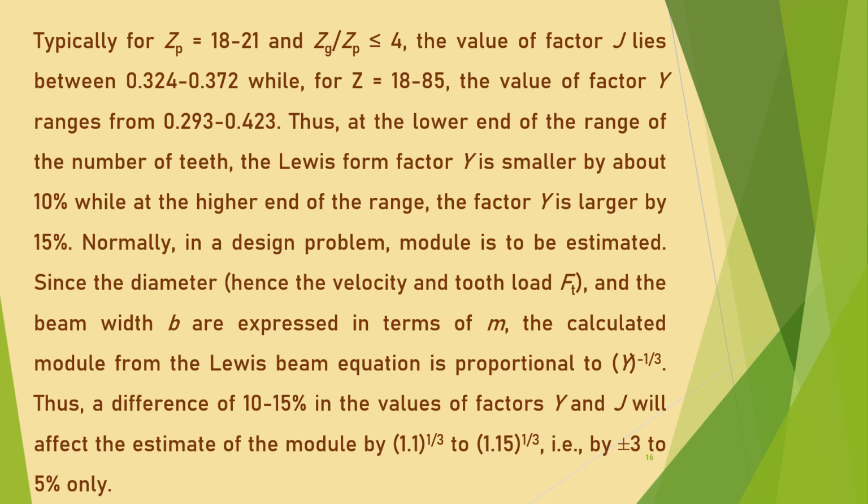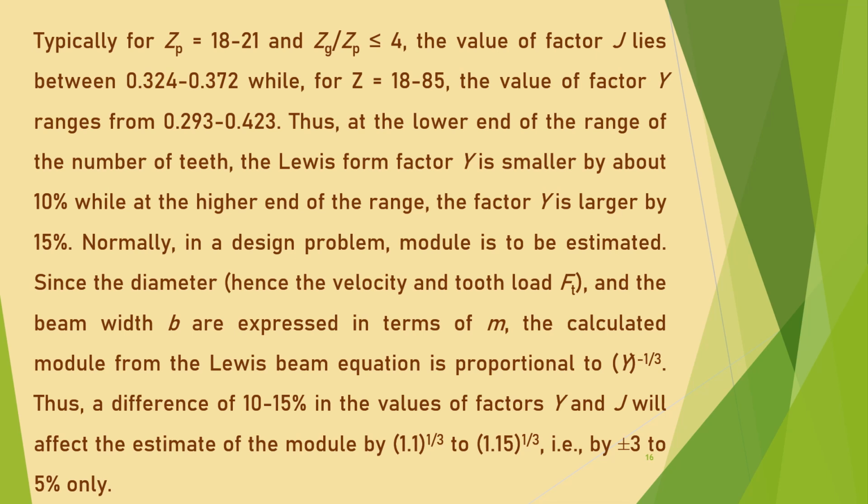0.293 to 0.423. Thus, at the lower end of the range of the number of teeth, the Lewis form factor Y is smaller by about 10%, while at the higher end of the range, the factor Y is larger by 15%.